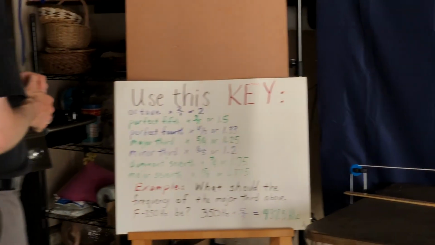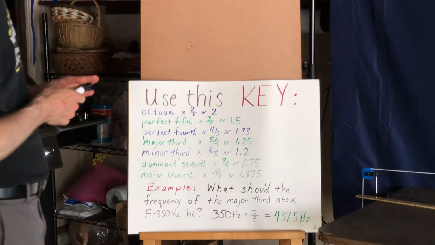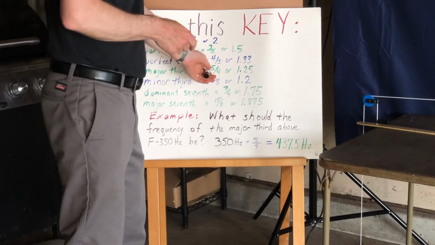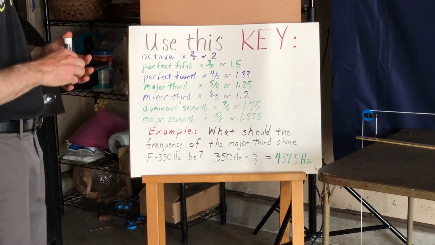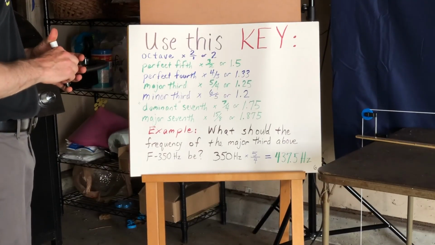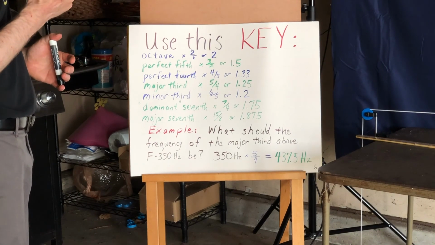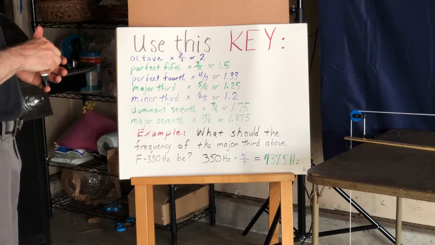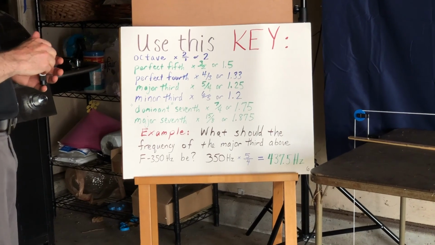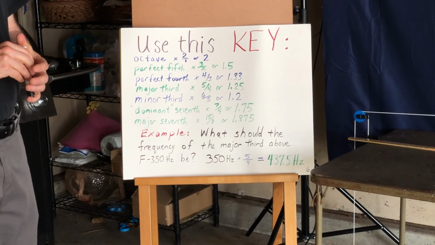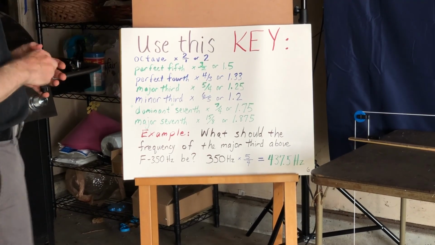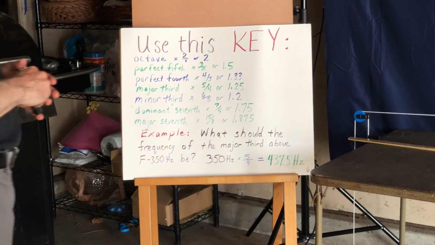All right. Let's talk about major thirds. How about major third above A220? It says it's a 5-to-4 ratio. That would be C. Now, when you're talking about key of A, it's not C, it's C sharp. C sharp. Okay. All right, but let's find out what the frequency for C sharp should be.